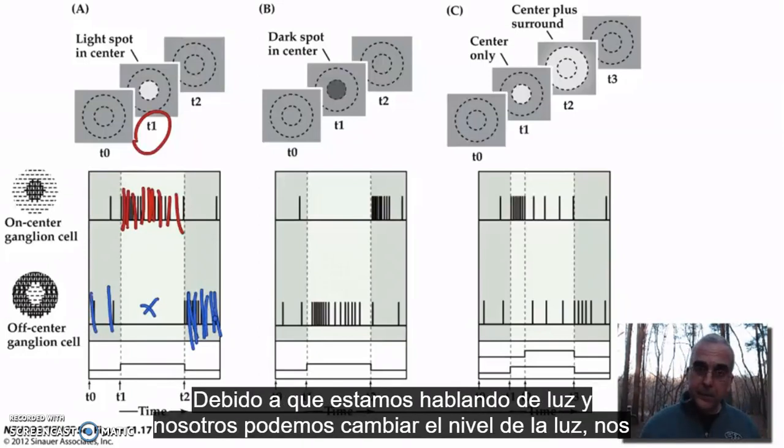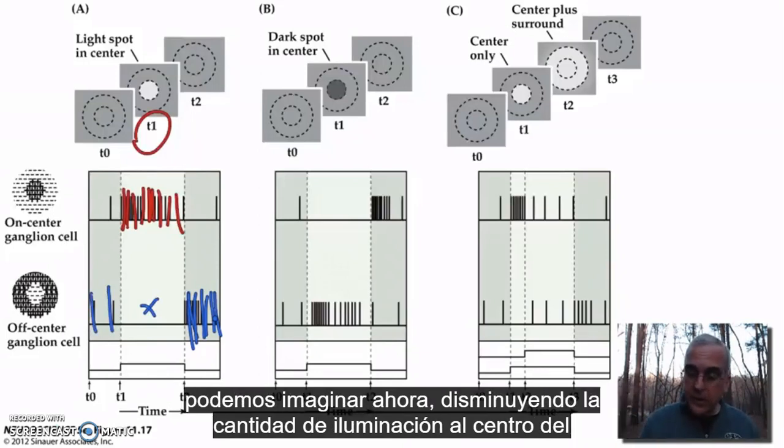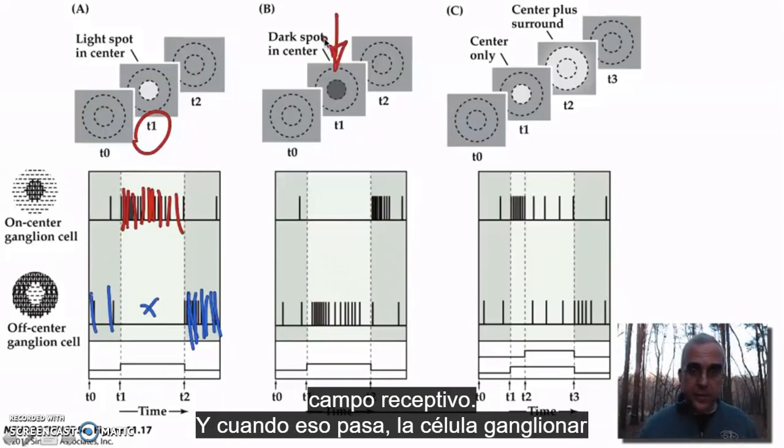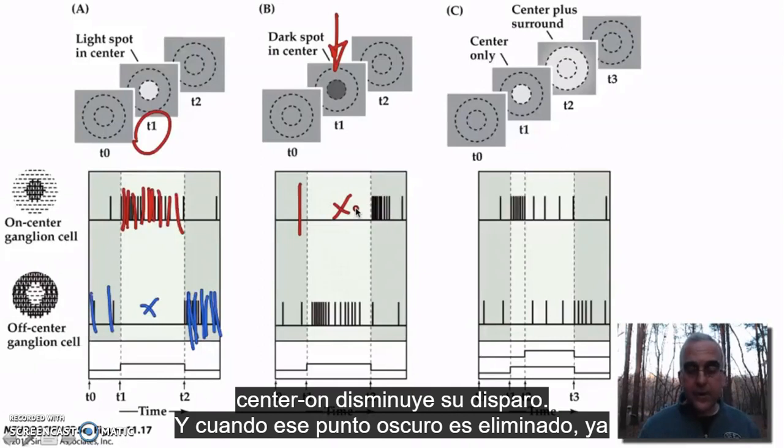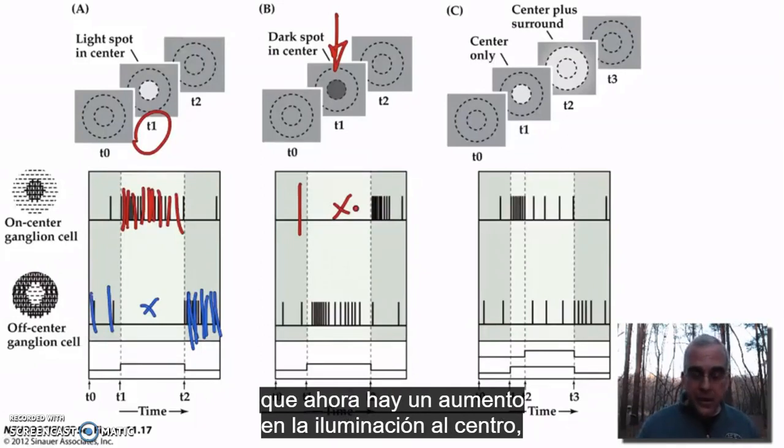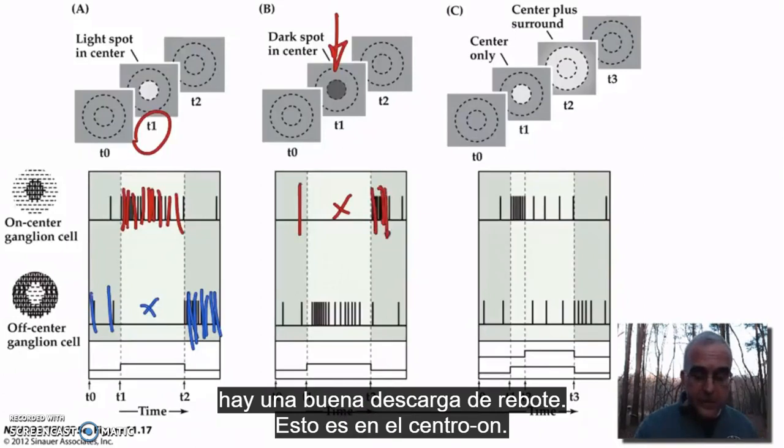Now, because we're talking about light, and we can alter the level of light, we can imagine now decreasing the amount of illumination to the center of the receptive field. And when that happens, the on-center cell decreases its firing, and when that dark spot is removed, or essentially there's now an increase in illumination to the center, there's this nice rebound discharge.